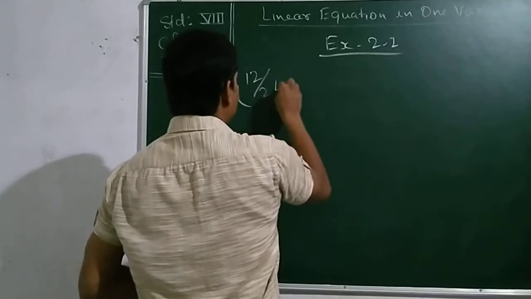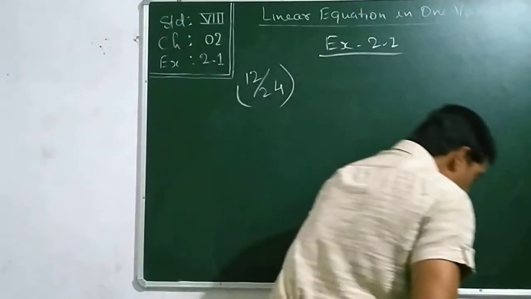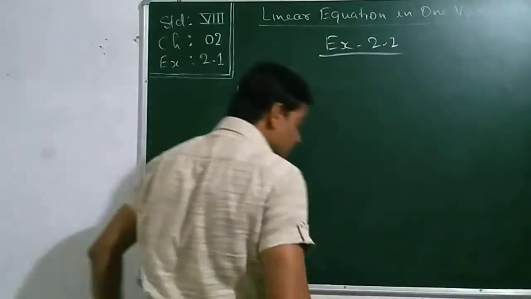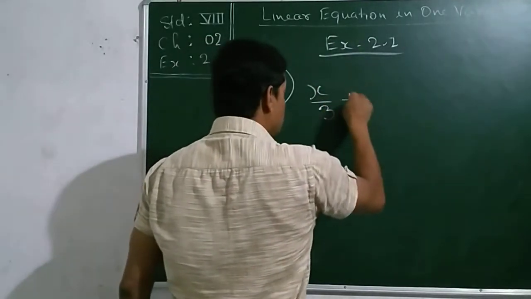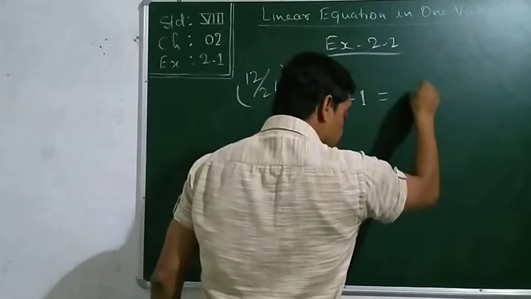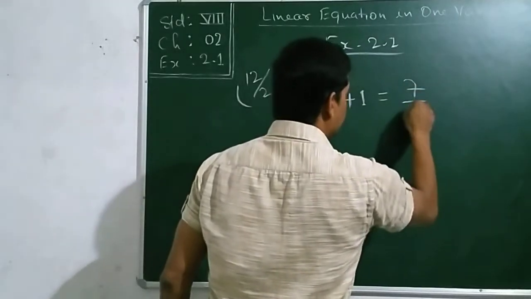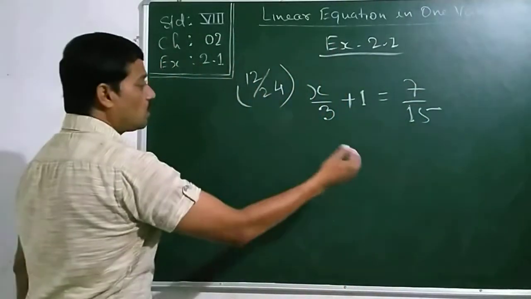No, once again I have made a mistake. 24, yes. The sum is x by 3 plus 1 equal to 7 by 15. See how to solve it.